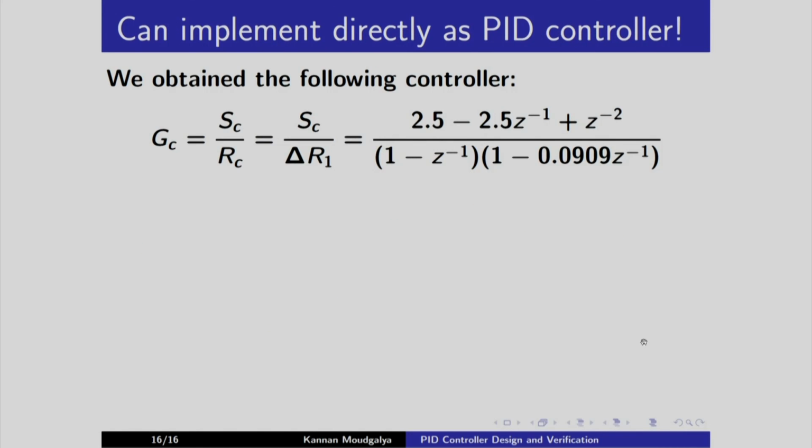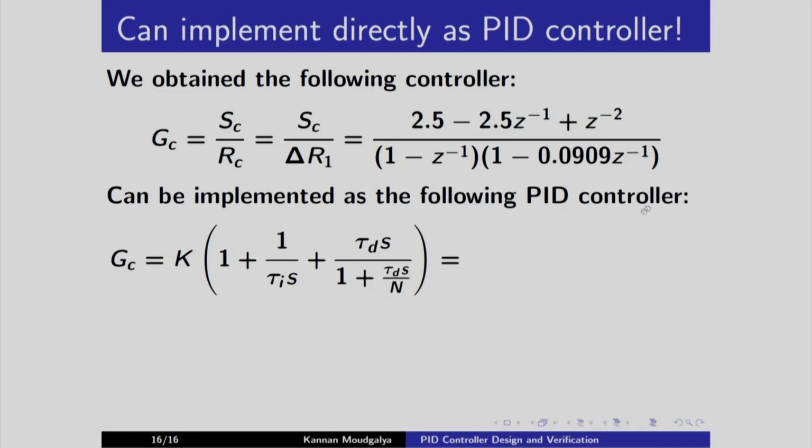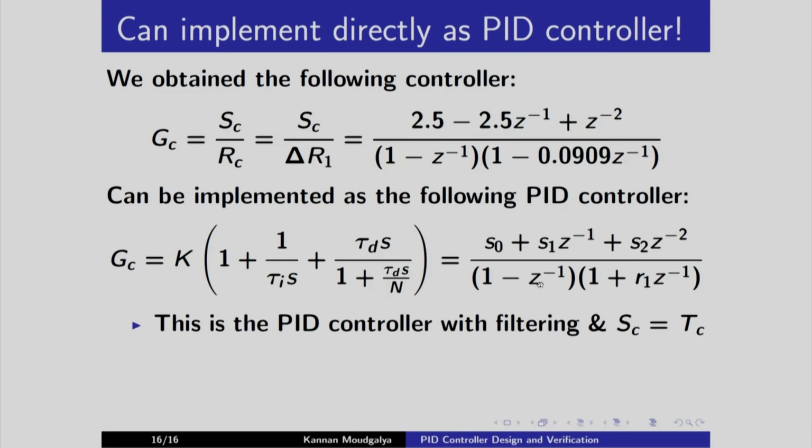We can implement this directly as PID controller also. Recall the controller that we derived. We can implement this through this PID controller. This is the PID controller with filtering and SC equals TC. This is the discrete time equivalent.